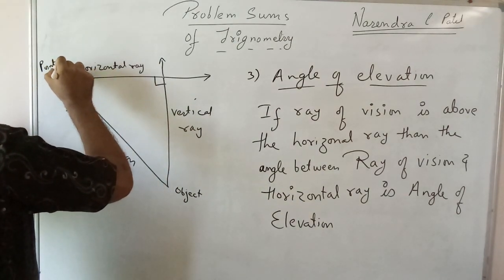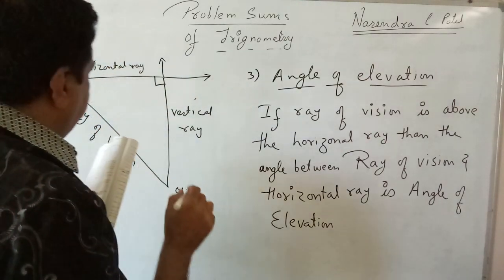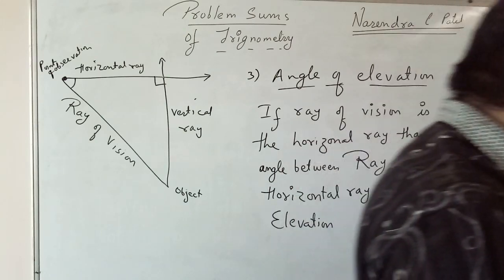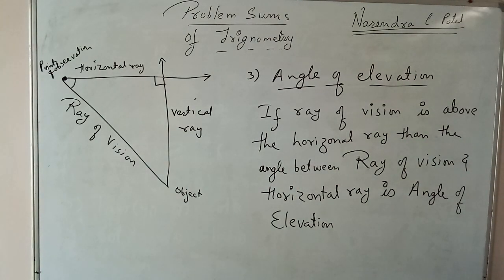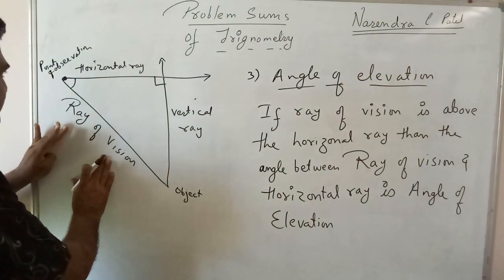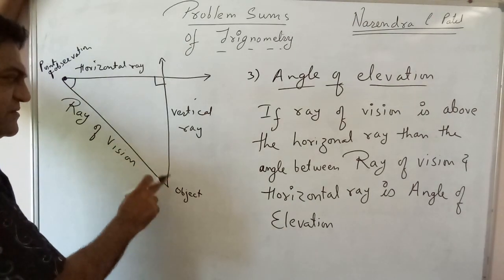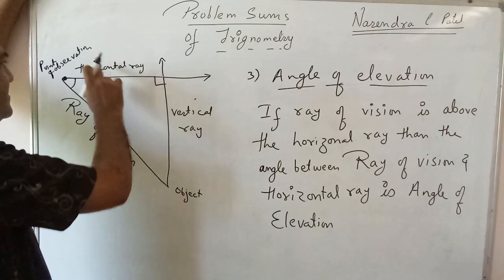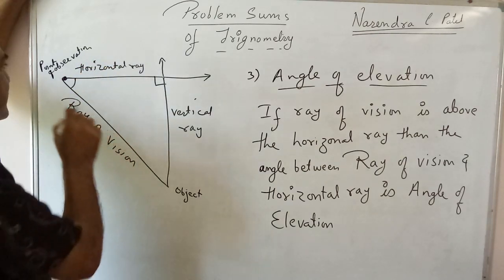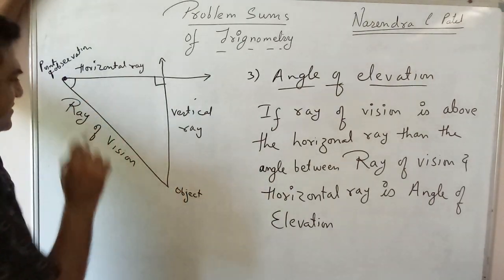The definition of ray of vision: the ray joining the eye and the object, towards the object, is a ray of vision. The horizontal ray also you know: the ray which is emerging from the eye and is parallel to the earth's surface is called the horizontal ray.